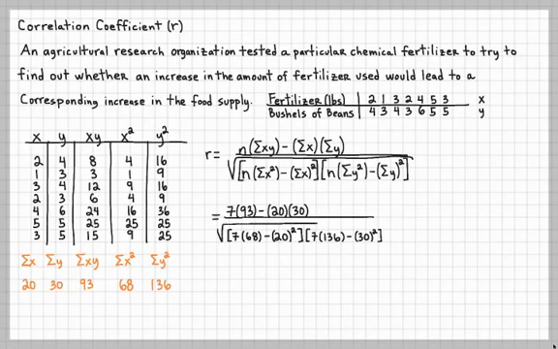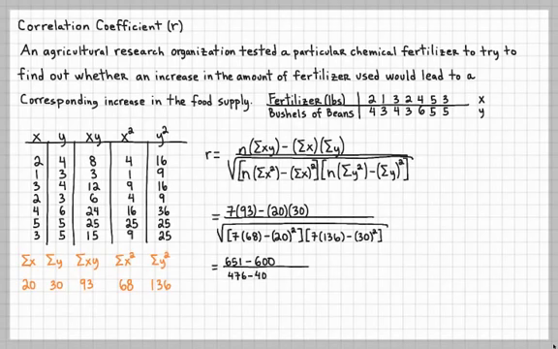Now, the next step is going to be to start multiplying and simplifying this a little bit. So 7 times 93 is going to give you 651. Don't forget the subtraction. 20 times 30 is going to be 600, divided by 7 times 68, which will give you 476.